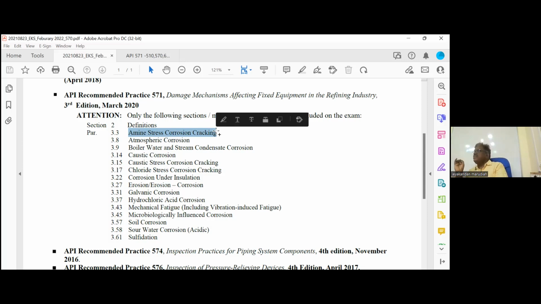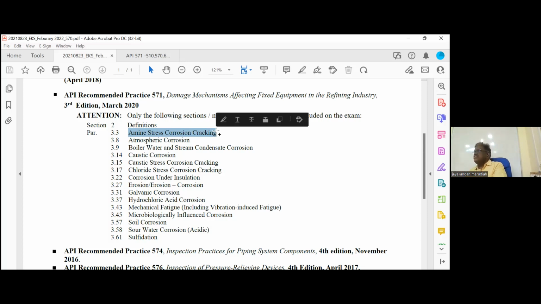Second one is the affected material. Which materials will the damage mechanism affect? Some damage mechanisms will affect all materials. In the exam, they will not ask about those. Any damage mechanism affecting all materials, they will not ask in the exam. Some damage mechanisms will affect only particular materials. For example, amine stress corrosion cracking will come only in carbon and low alloy steel.